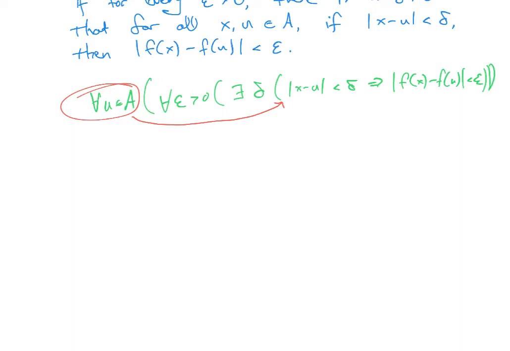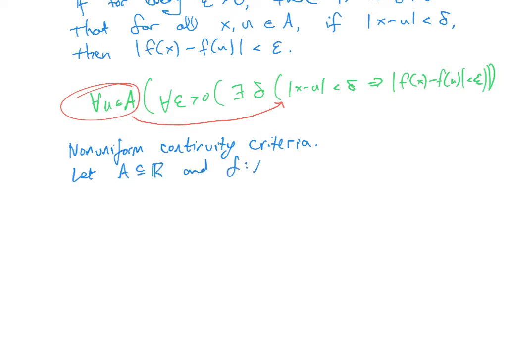So this is what the book calls the non-uniform continuity criteria. What does it mean to not be uniformly continuous? Let's do the setup.